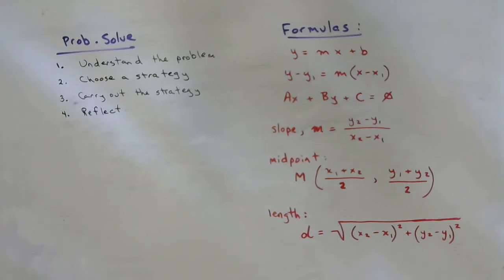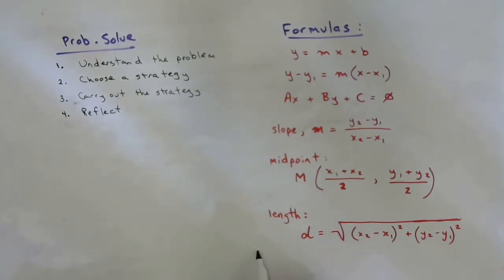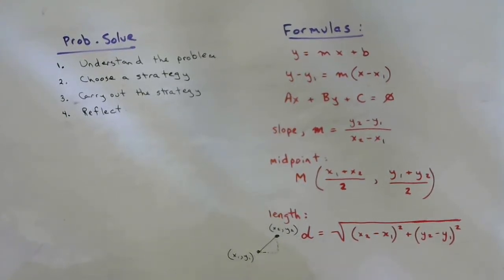Just as a quick reminder, where does this thing come from? Well, let's say you had a line like this, and you have x1, y1, and you have x2, y2. The difference in the x coordinates is this distance here. The difference in the y coordinates is this distance here.